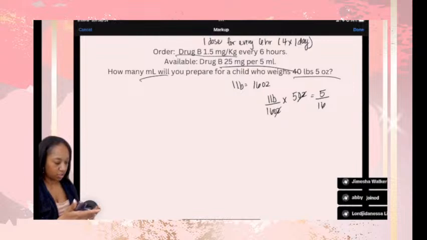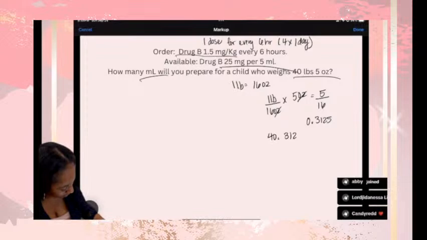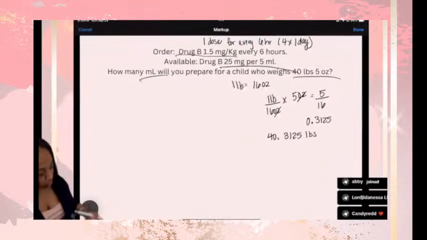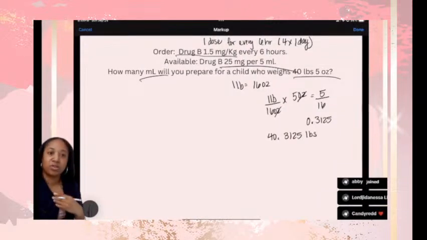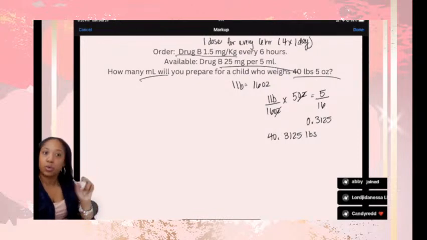And that's going to be 0.3125. Add that back to our 40. So it would be 40.3125 pounds, okay? So then some people on programs say you don't have to write all of it out. I'm just showing you for all intents and purposes. So however your teacher tells you to round or cut it off, that's what you do, okay?